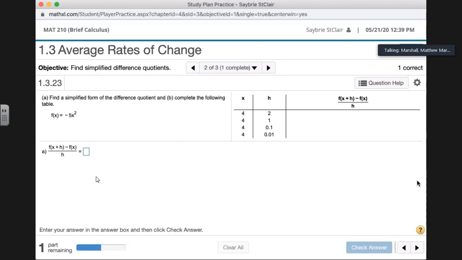So it wants you to do another one. Alright, so you got negative 5x squared. And then 4, 2, 4.1, 0.01.